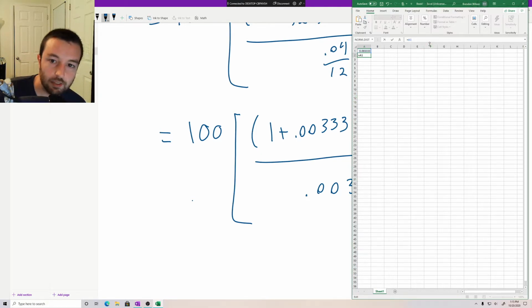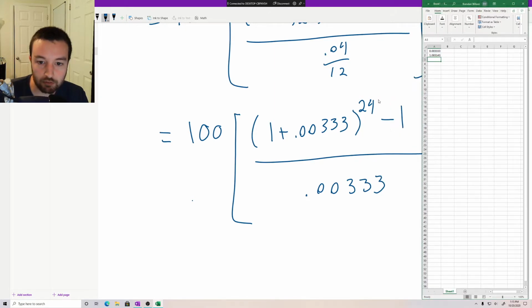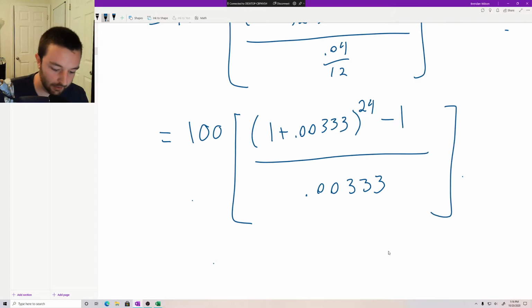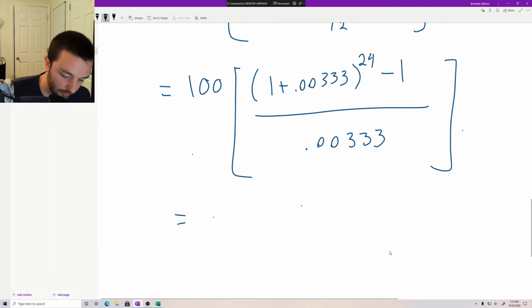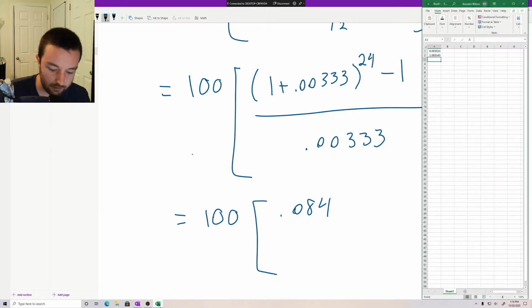We want to put this in parentheses because then we want to raise that to the 24th power. And we get 1.083143. We want to subtract 1 from that now, so it would just be 0.083143. So we're at 100 times 0.083143.